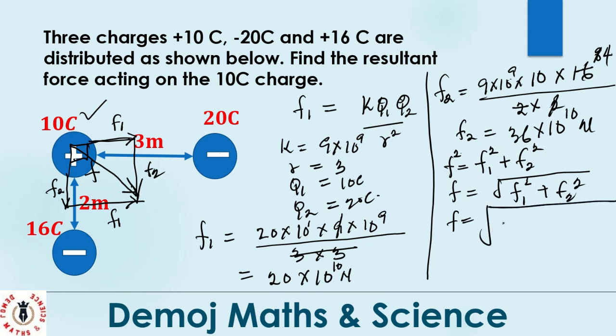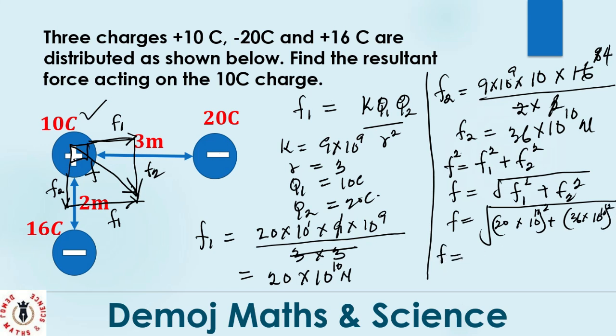That will be the same thing as 20 times 10 raised to power 10 all squared plus 36 times 10 raised to power 10 all squared.